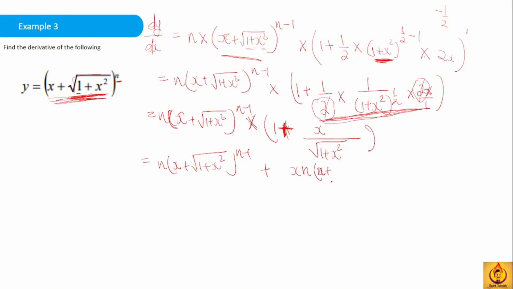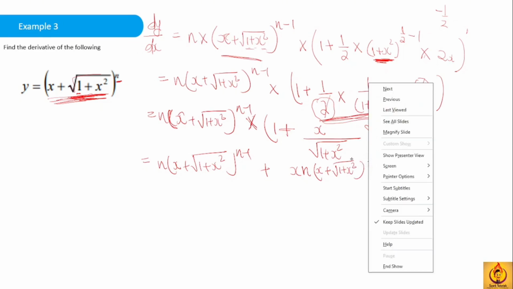This is x, sorry. Let me also fix this. This is plus. This is x, 1 plus x squared.